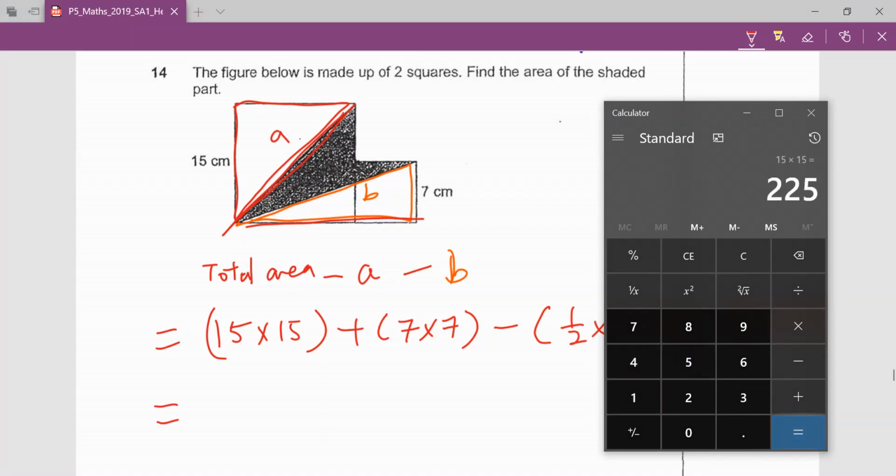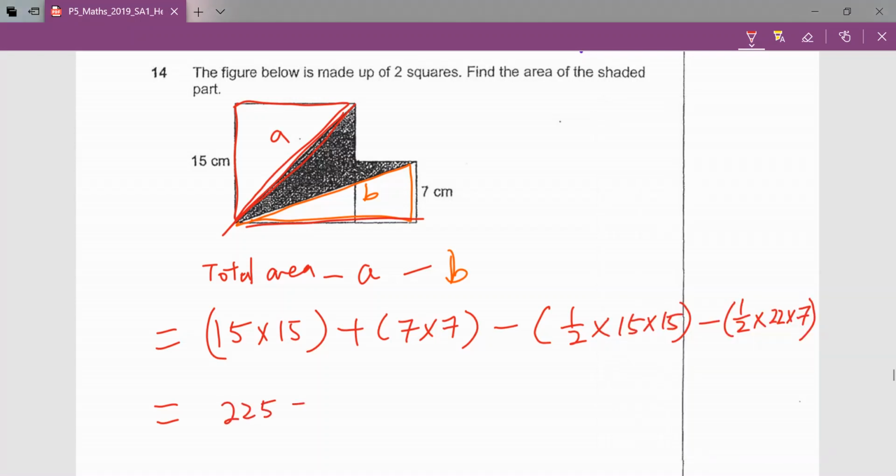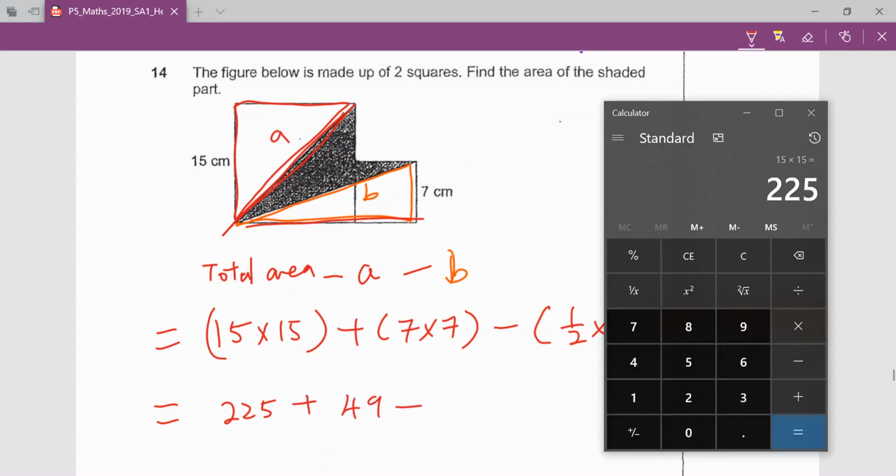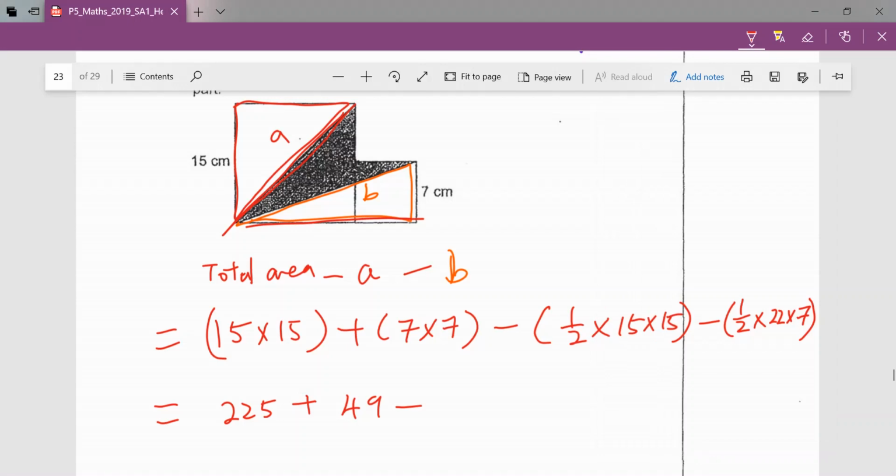So the answer is going to be 15 times 15, that would be 225, plus 7 times 7, 49, minus 225 divided by 2. Why is it divided by 2? It's because 15 times 15 times half is the same as divide by 2.